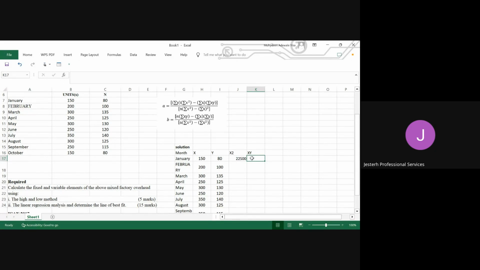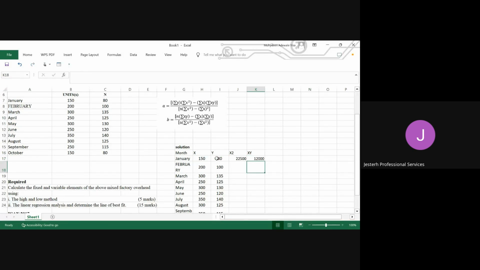Now, what is our XY? It means for XY, we are going to sum X multiplied by Y, just to get the total of the X and Y. Now you say X, which is 150, multiplied by Y, which is our associated cost.